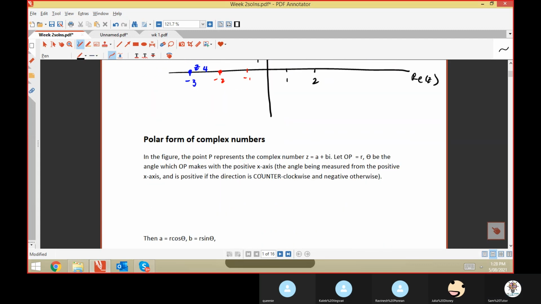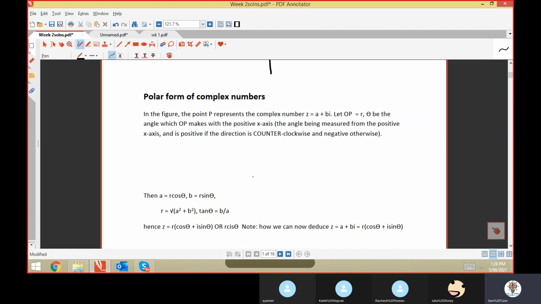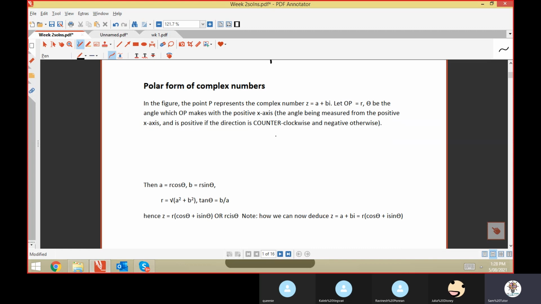All right. Next bit. Polar form of complex numbers. Let's write them a few different ways.